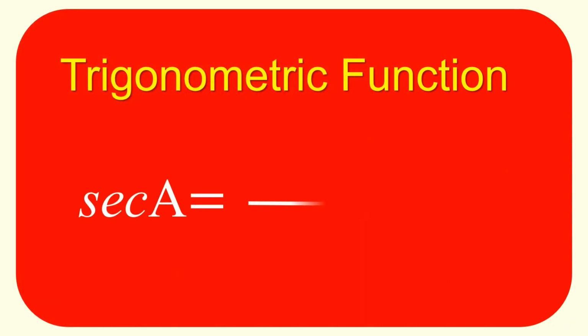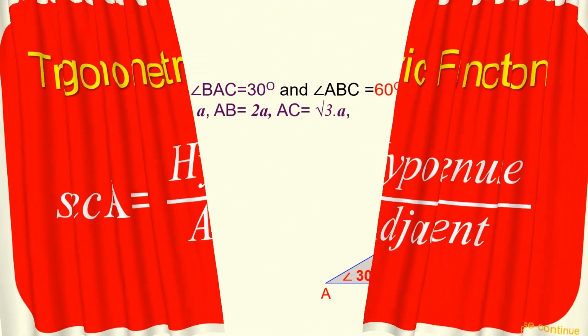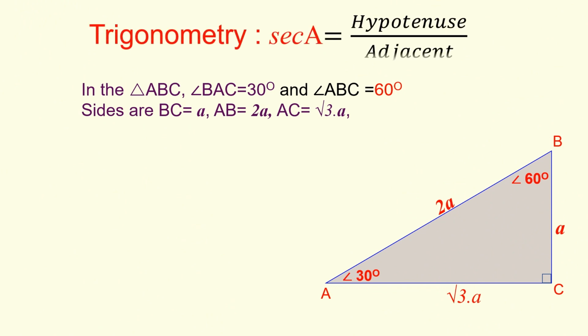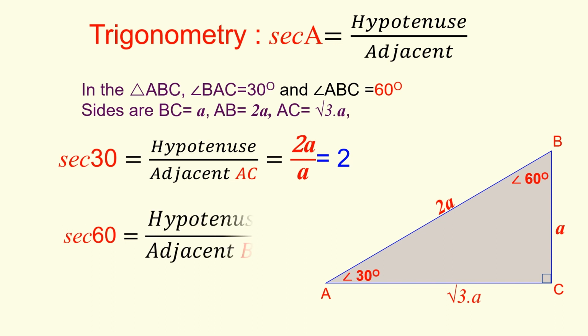Trigonometric function. Secant or sec A is equal to hypotenuse divided by adjacent. Note there is a mistake here. Secant or sec 30 degrees equals 2 by root 3.